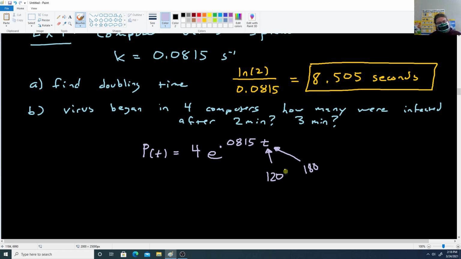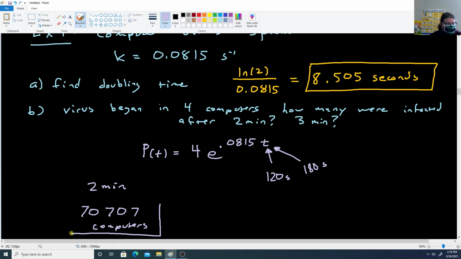We'll put 120 seconds in for the time, and that'll tell us how many are infected. And then 3 minutes, we'll put 180 in for the time. So we'll do 4e to the power of 0.0815 times 120. At 2 minutes, looks like 70707 computers are infected. And at 3 minutes, I'm rounding to the nearest computer.